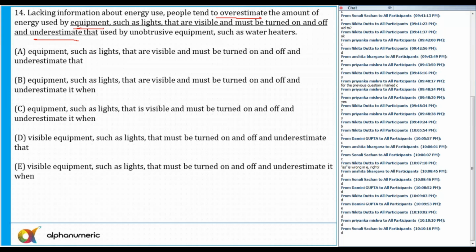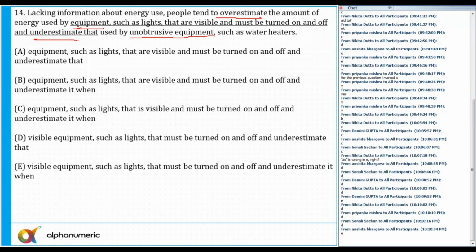What is y? Y is unobtrusive equipment. What is x? Equipment. So equipment and unobtrusive equipment are not parallel. The X equipment is giving you examples of lights that are visible, which means these are obtrusive equipment.